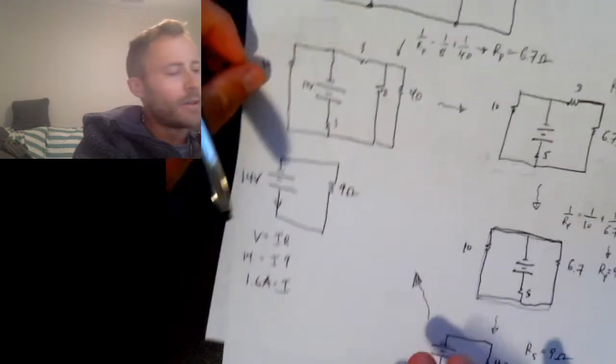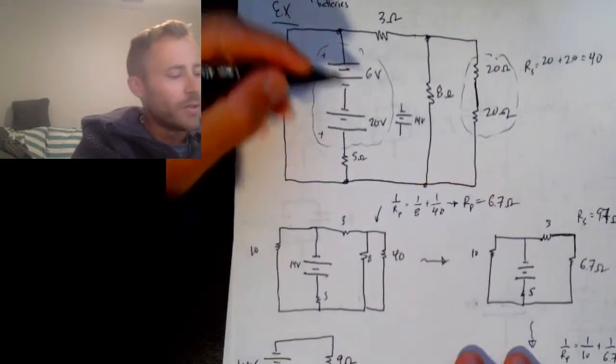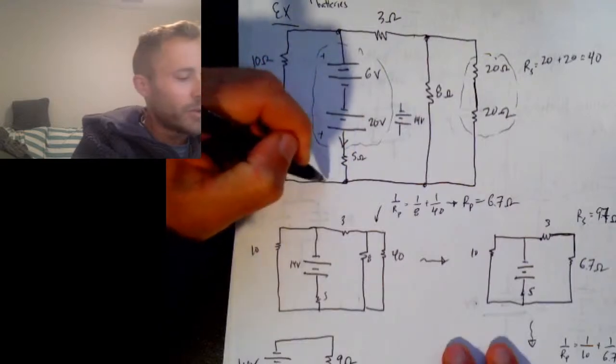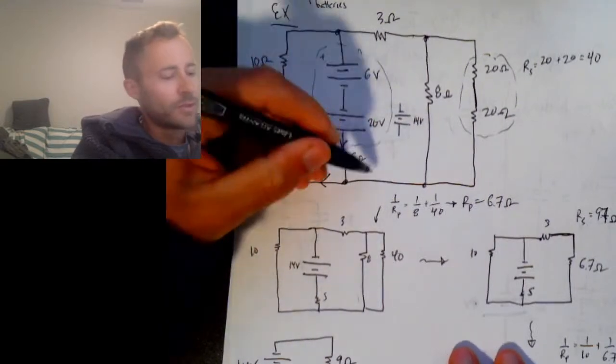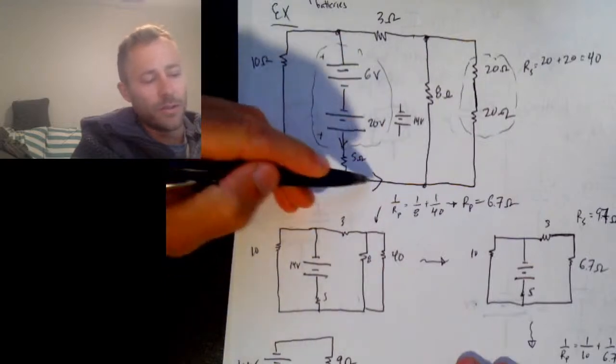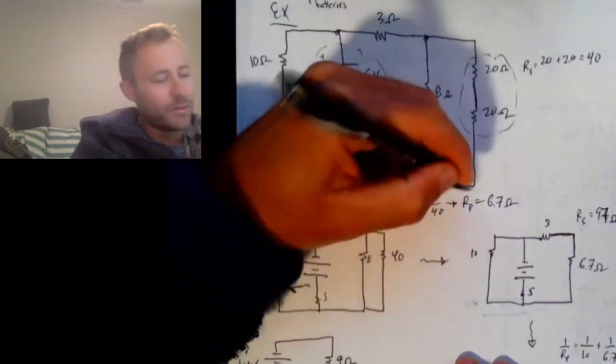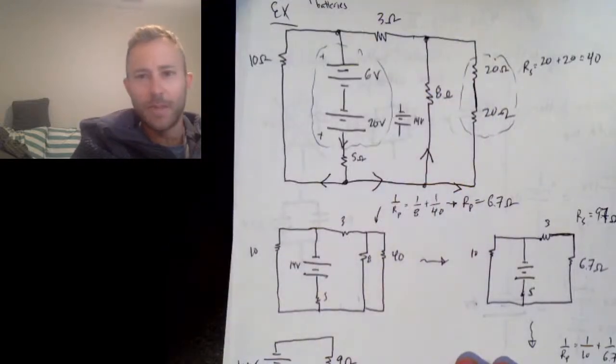All right. Now, if we think about it, referencing the original picture, the current is going to be coming out this way. It's going to hit this junction. Some of the current is going to go this way, some this way. This current is going to hit the junction. Some goes this way, some goes this way.